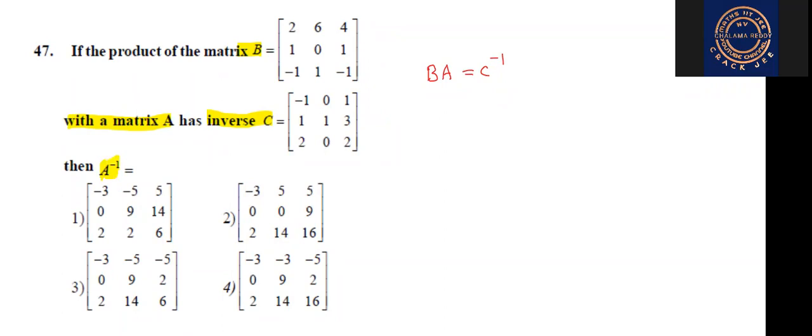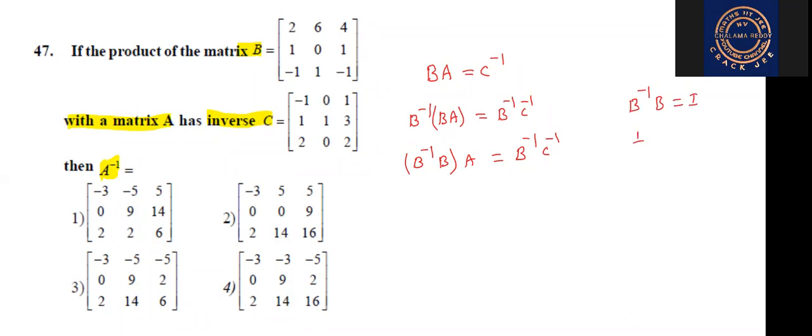Then how to find it? Multiply on both sides with B inverse: B inverse BA is equal to B inverse C inverse. Matrix multiplication is associative, so B inverse B into A is equal to B inverse C inverse. B inverse B is the identity matrix, then I into A is equal to A. So finally A is equal to B inverse C inverse.